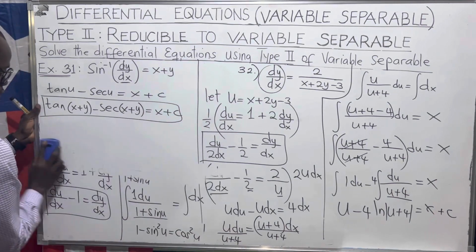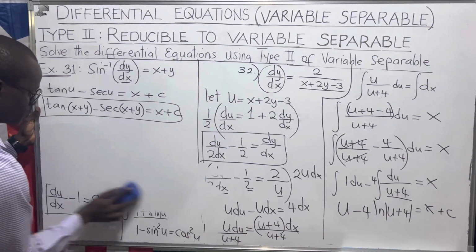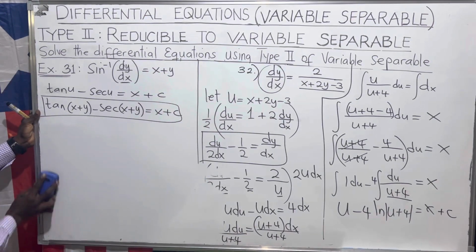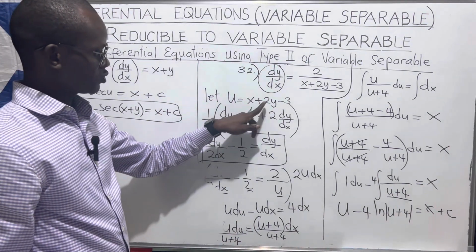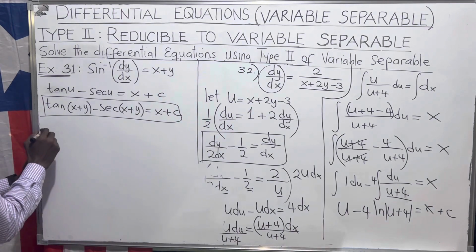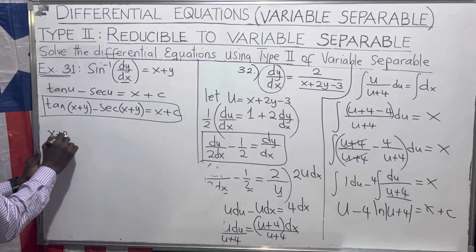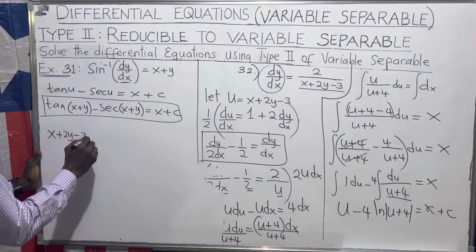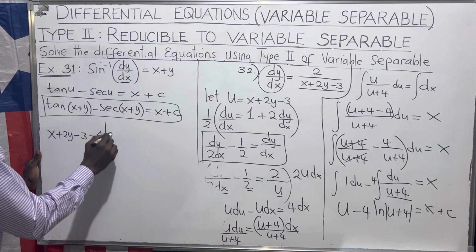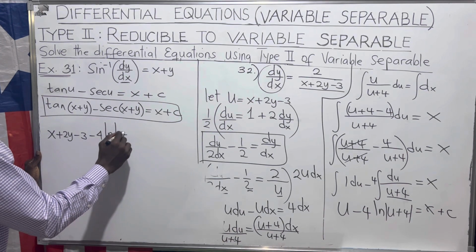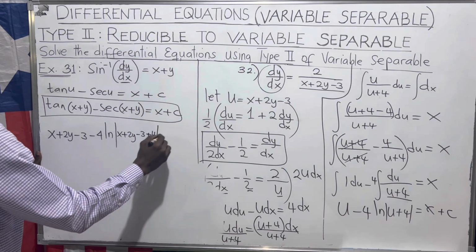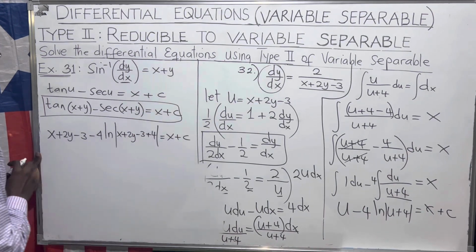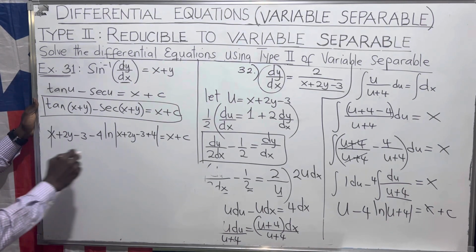So we can bring in the value of u. We know that from the problem u was x plus 2y minus 3. So we can replace: x plus 2y minus 3 minus 4 the ln of x plus 2y minus 3 plus 4 equals x plus c. Simplify, right? So this x will cancel this x.